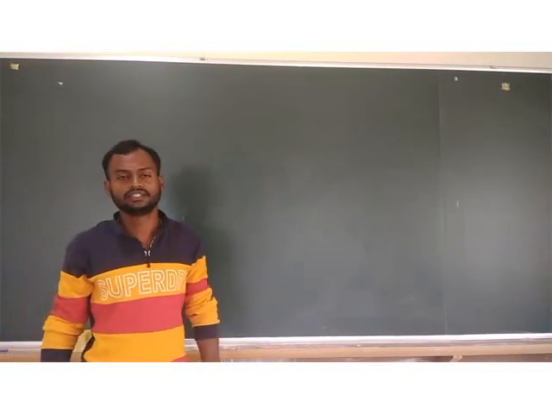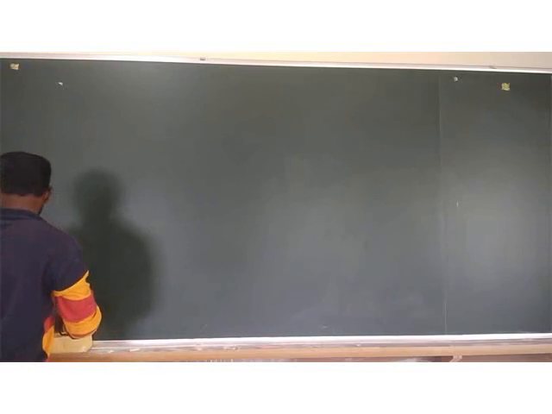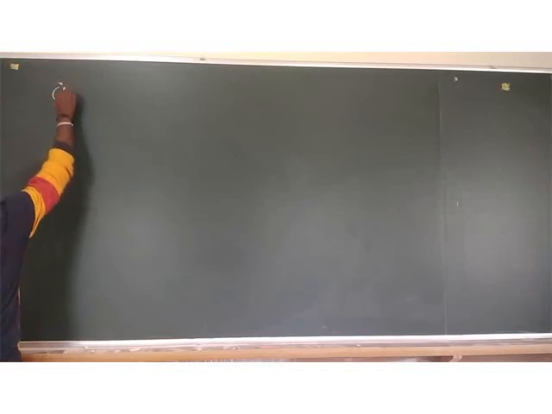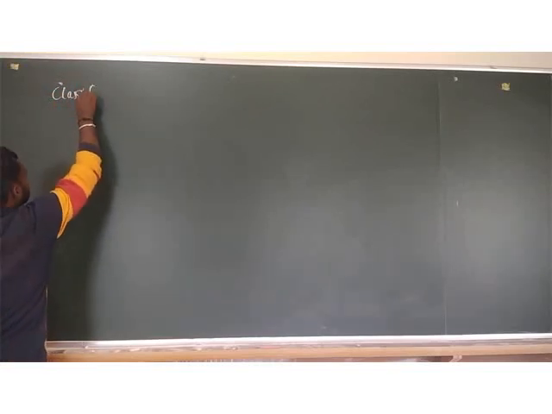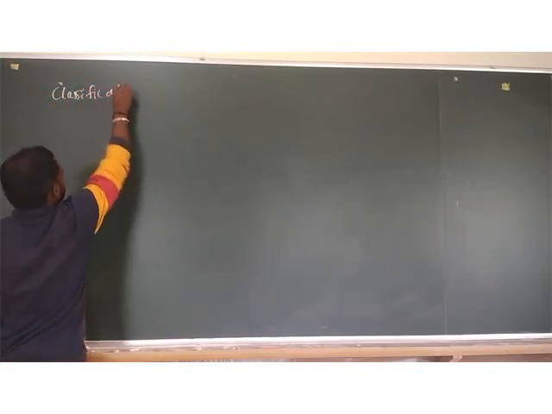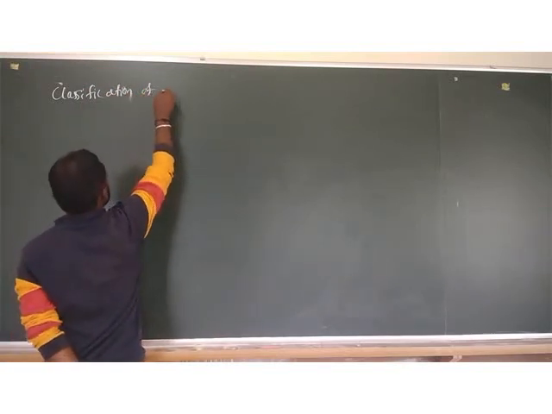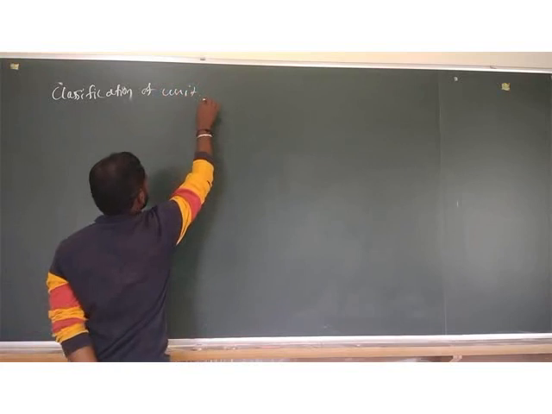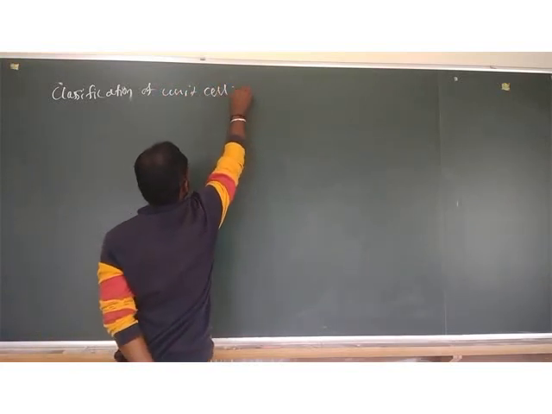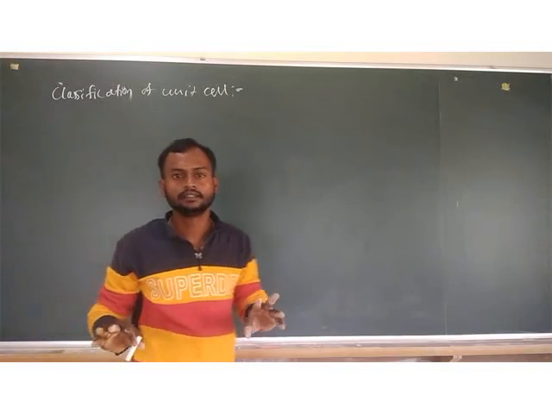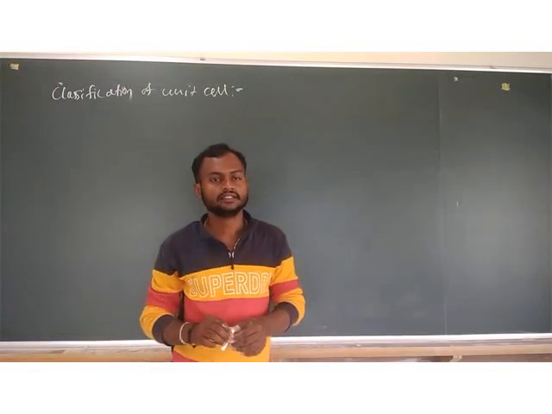Classification of unit cells. A unit cell can be classified into two categories.